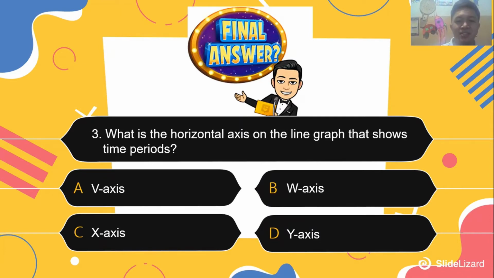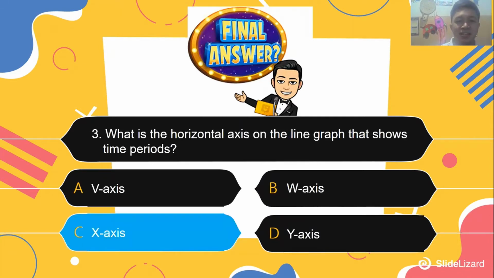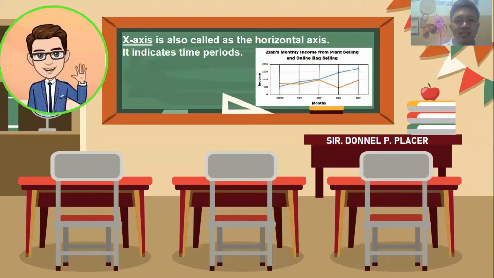Okay, the correct answer is x-axis. So the x-axis is also called as the horizontal axis. So it indicates different time periods such as months, days, weeks, years, hours, and the like.